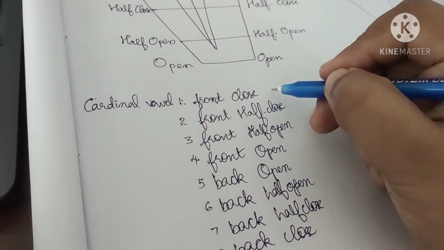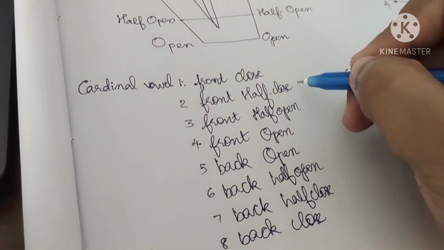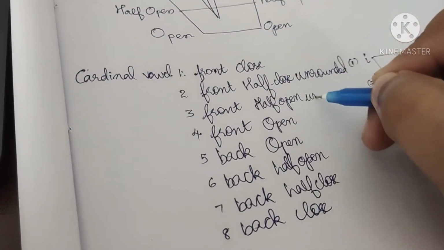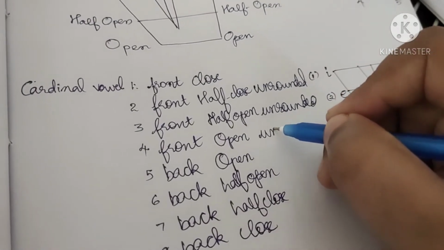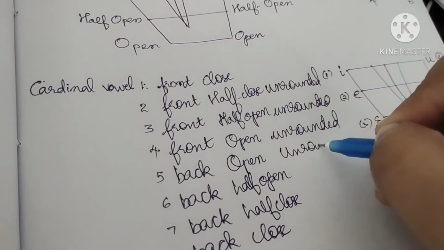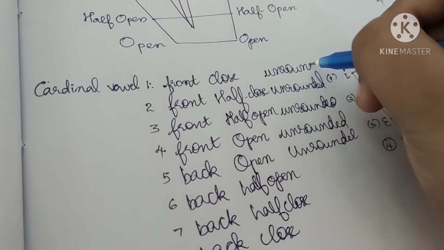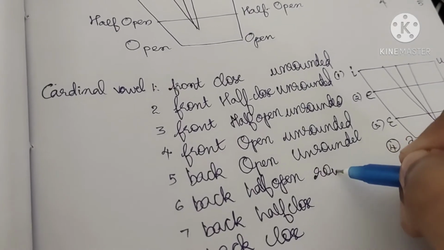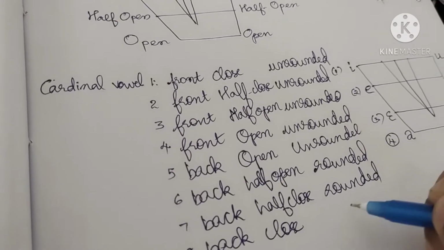Next, the first 5 will be unrounded and the next 3 will be rounded. So we write unrounded for all the first 5, and the last 3 are rounded.